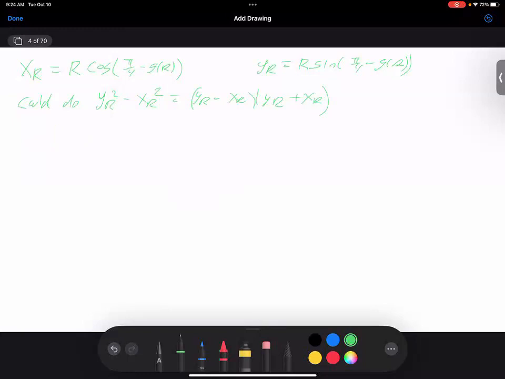So this would be y sub r minus x sub r. You would get r cosine of pi/4 minus g of r minus sine of pi/4 minus g of r. And cosine is going to be larger than sine here. And then you would have the sum: cosine of pi/4 minus g of r plus the sine of pi/4 minus g of r.